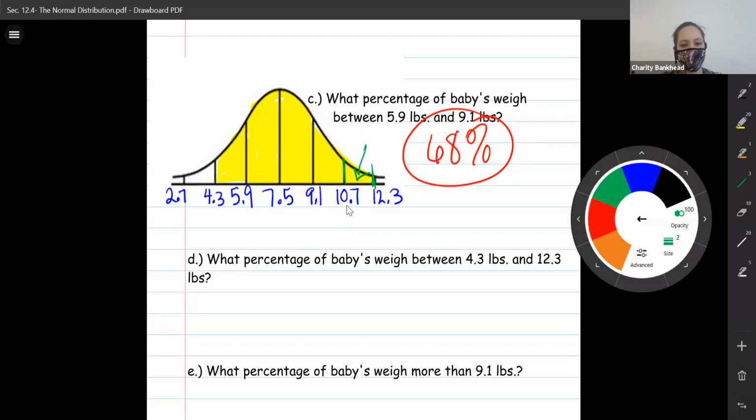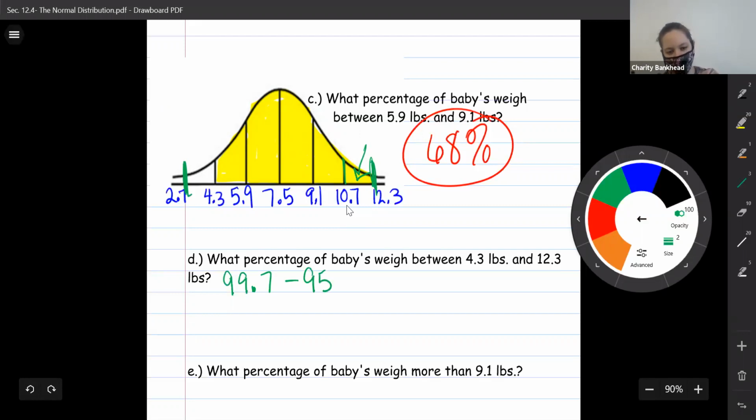So, let's see. So between 2.7 and 12.3 is the 99.7%. So do 99.7 minus 95.